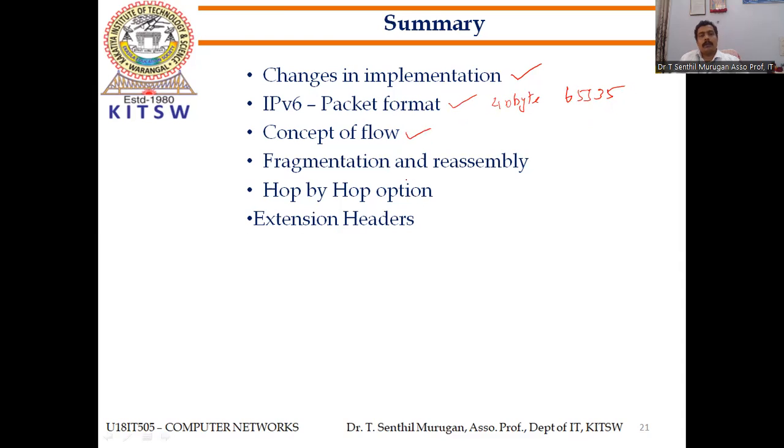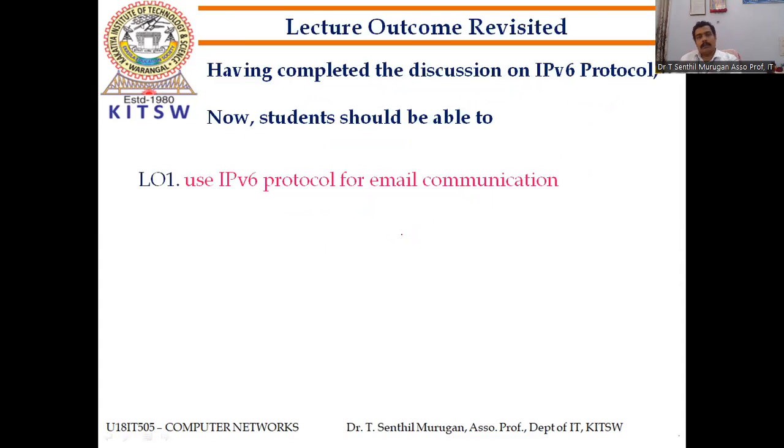And the concept of flow control we have discussed. Fragmentation and reassembly are done only by the source and destination, not by routers. Hop-by-hop options: there are Pad1 and PadN options for alignment purposes. And the extension header is also used to extend the payload for other protocols. So the summary is over.